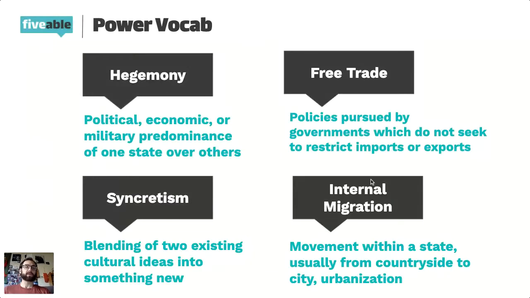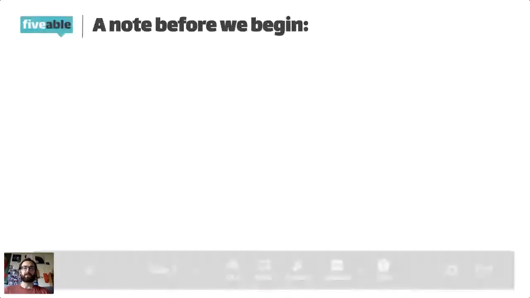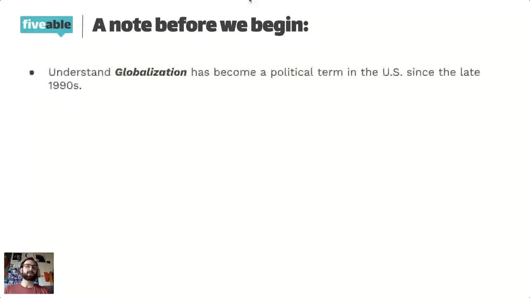A quick note before we begin, just because of this topic of globalization. We have to address the fact that globalization as an academic thing, in a classroom, is one thing. But if you go outside the classroom and you want to talk about globalization, you're going to quickly discover this is a very politicized term.